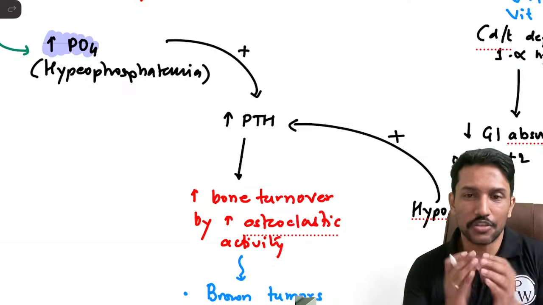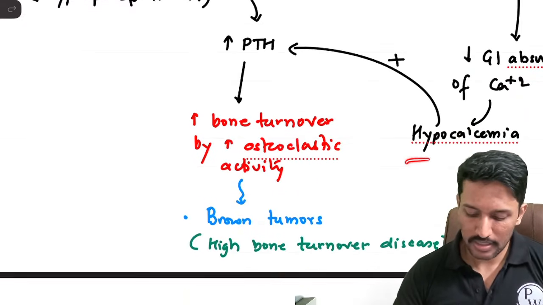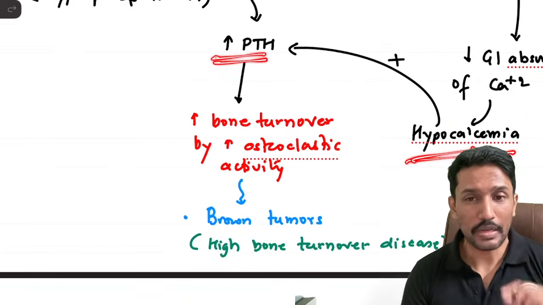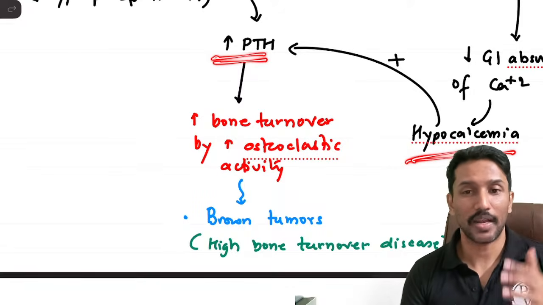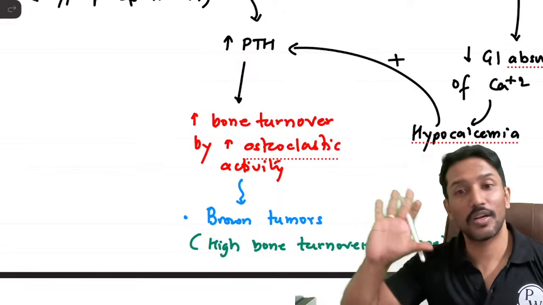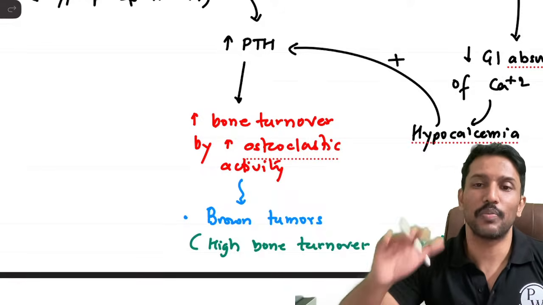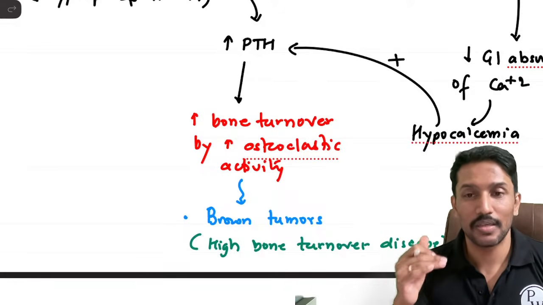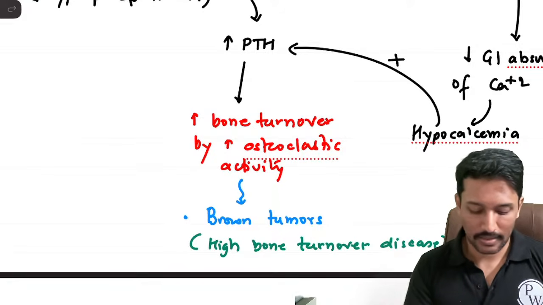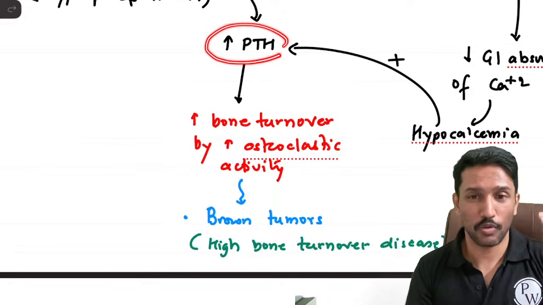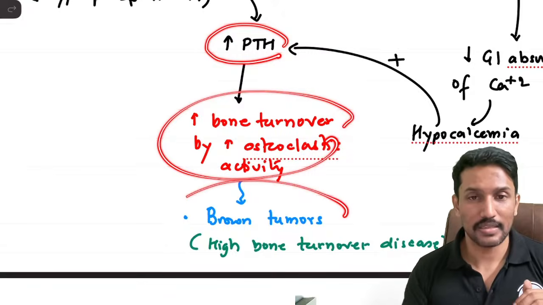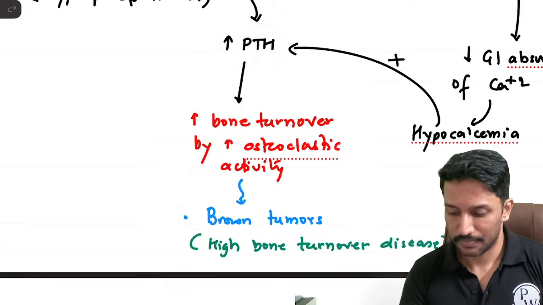What if I give a drug? See, hypocalcemia is also stimulating it, right? But what if I give a drug which tells the parathyroid gland that the calcium level in the blood is normal? Though it is low, it signals the parathyroid gland to believe that the calcium level in the blood is normal. In that case, the parathyroid gland will reduce the parathormone production, the bone turnover will decrease, and the problem is offset.